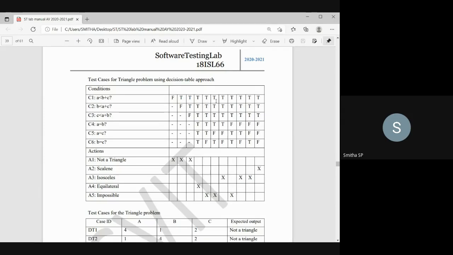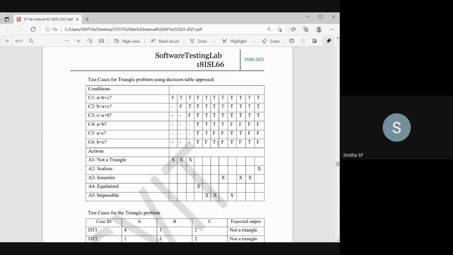Then moving to the sixth rule, all three conditions are satisfied, which are supposed to frame a triangle. Then the fourth condition, A equals B, satisfied, true. Then A equals C, not satisfied, false. Then C6, B equals C, the condition is satisfied.